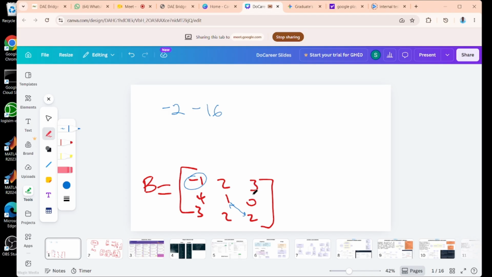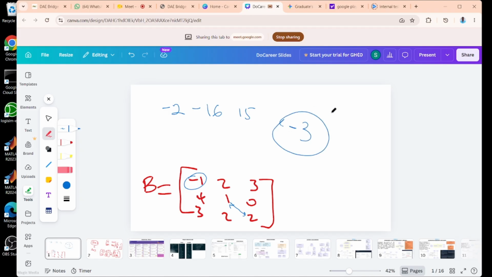So that will be negative 2, minus 16, plus 15. The final answer should be negative 3. I copied the wrong thing.